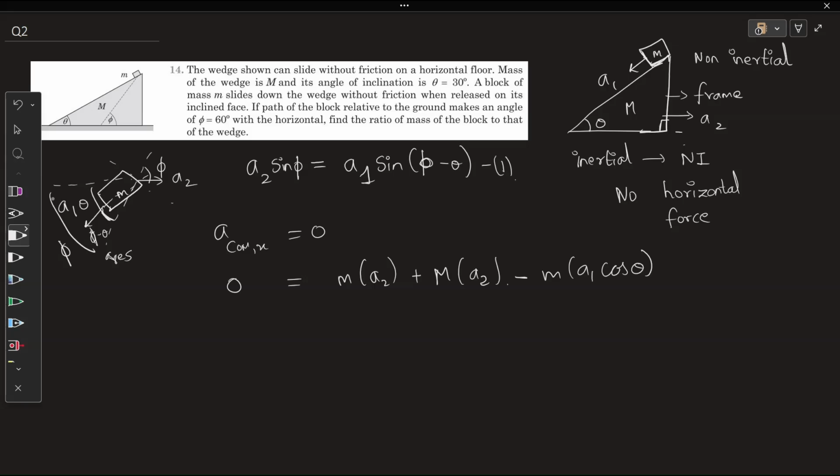Theta is here, and the whole angle is phi, and this is psi minus theta. The whole divided by m plus M. So you get m plus M into A2 is nothing but small m A1 cos theta.